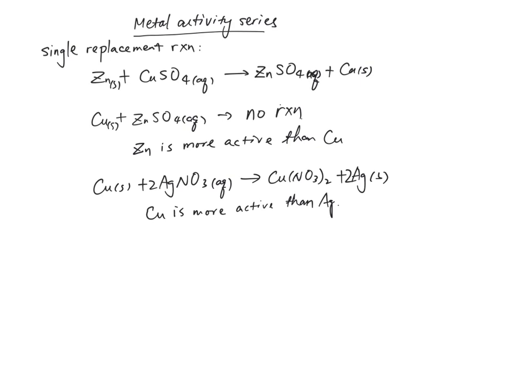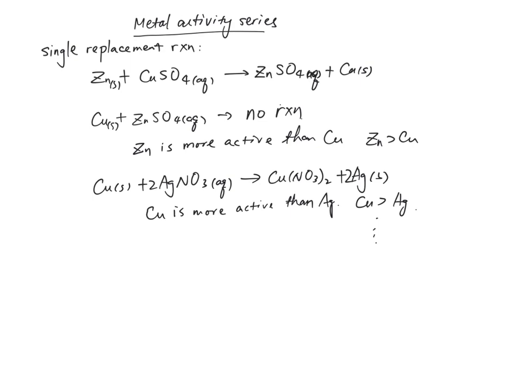And the reverse reaction never happens. Okay? And then little by little, so now, instead of saying zinc is more active than copper, you can simply say, well, activity-wise, zinc is greater than copper. And here you got, copper is greater than silver. Okay? And eventually, the more metals we test with, this list goes longer and longer.